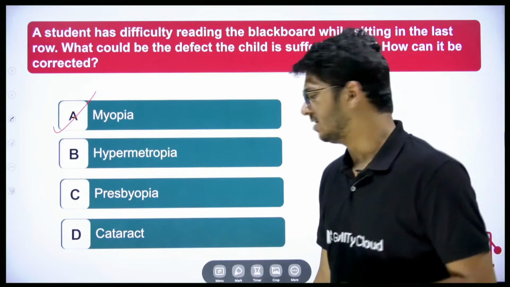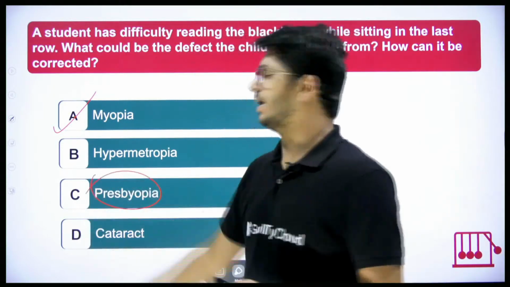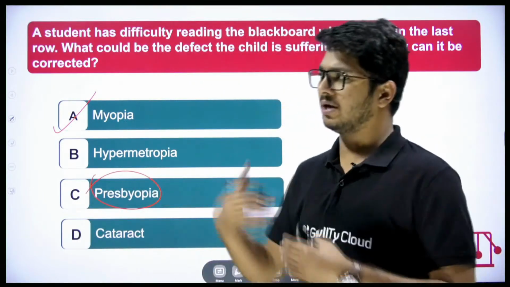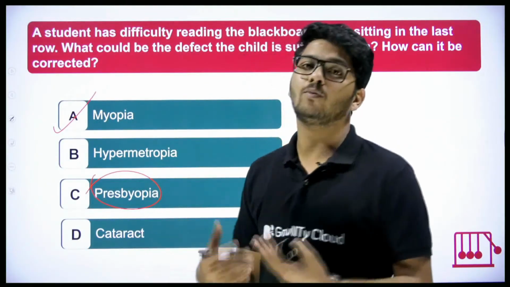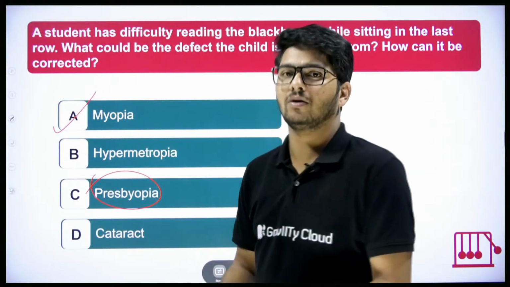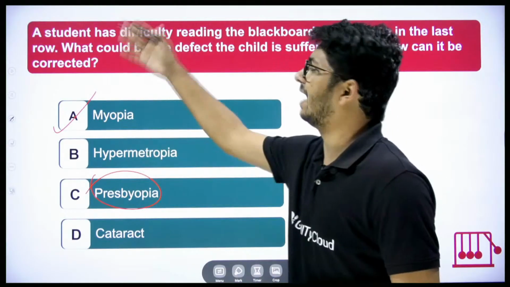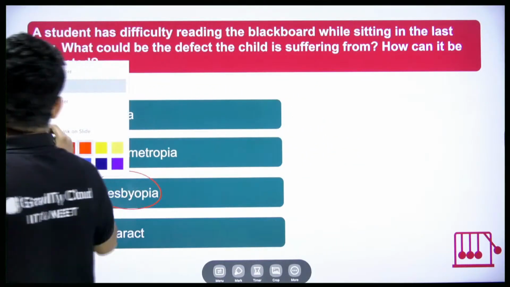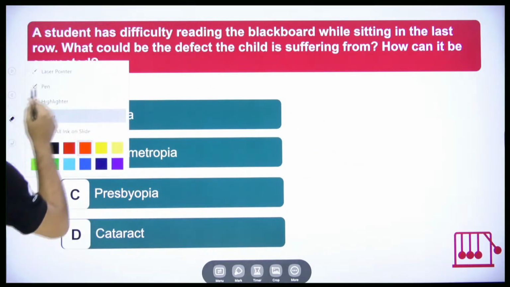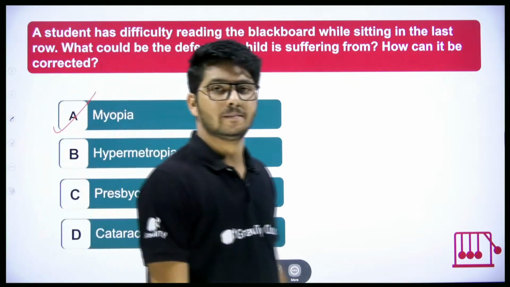And you might be asking, sir, why not presbyopia? In presbyopia also you cannot look at far objects. Agree, but presbyopia mostly occurs in elderly people. But here we have a student. Students are young. So it cannot be presbyopia. It should be myopia.